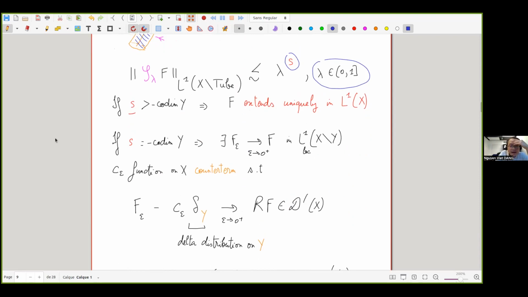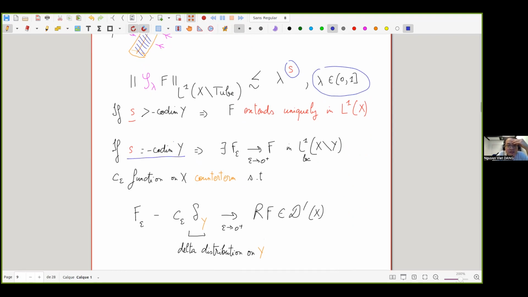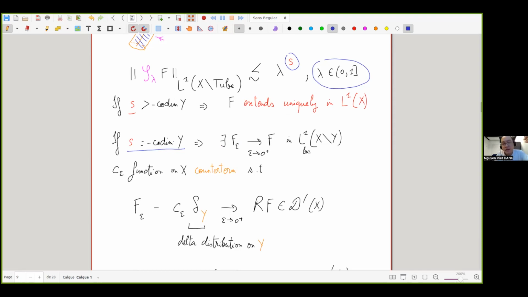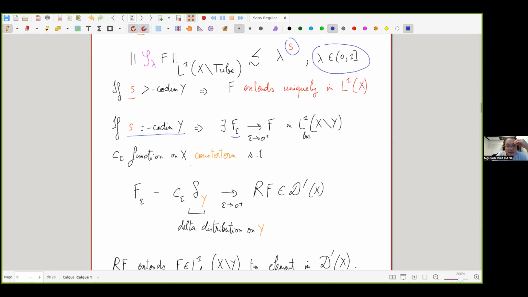And in the critical case, if S is equal to minus the codimension of the submanifold Y, then you need to mollify your F. There is a mollified F_epsilon that converges to F in L1 of X minus Y. And there is a counterterm, a divergent counterterm, which blows up when epsilon goes to 0 plus, such that when you take the mollified F and subtract the divergent counterterm, like the delta distribution on Y, this converges to a distribution on your whole manifold.